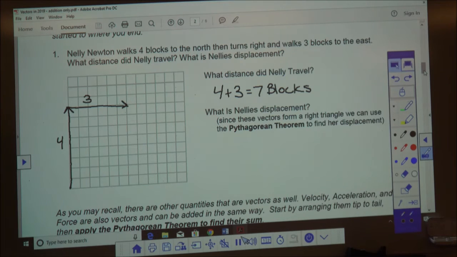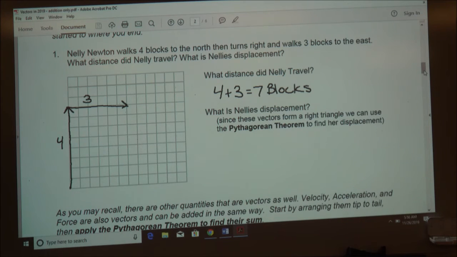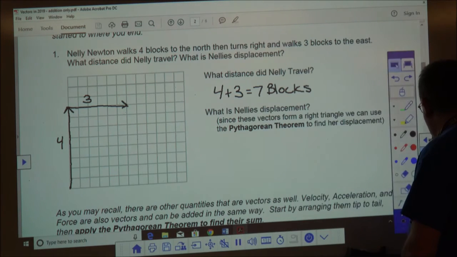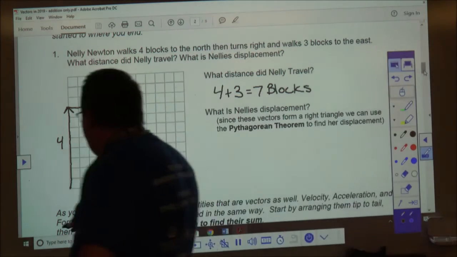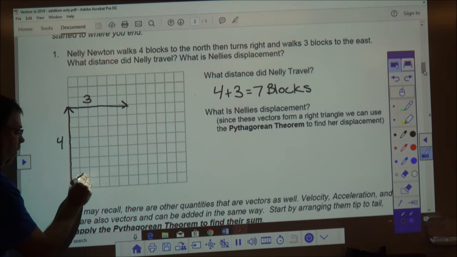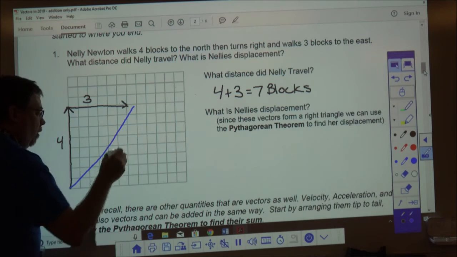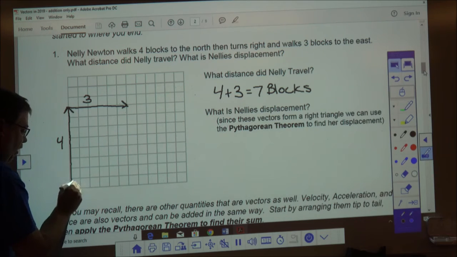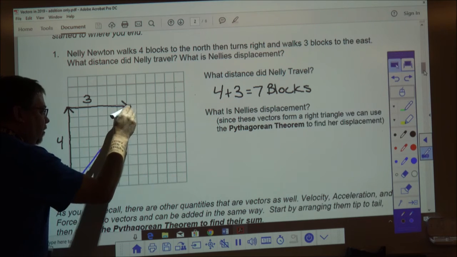Now we want the vector. We want the resultant of where Nellie is relative to where she started, or her position. We could say the position or the displacement. That is going to be somewhat different. The displacement of Nellie is going to be from here to there.